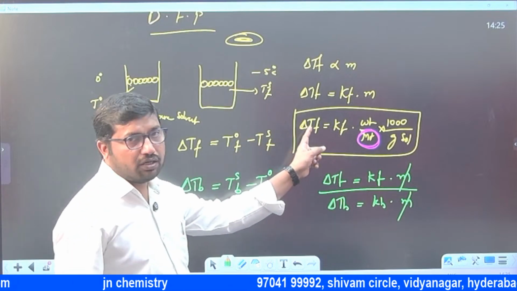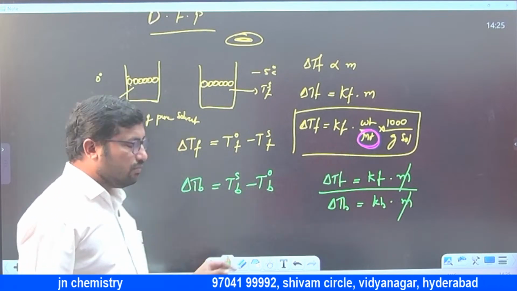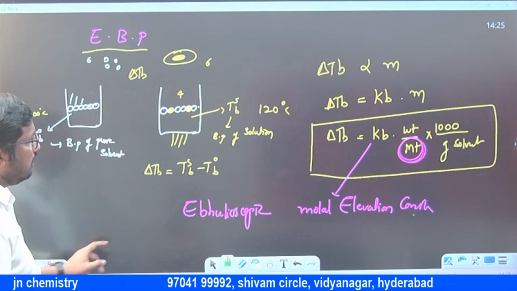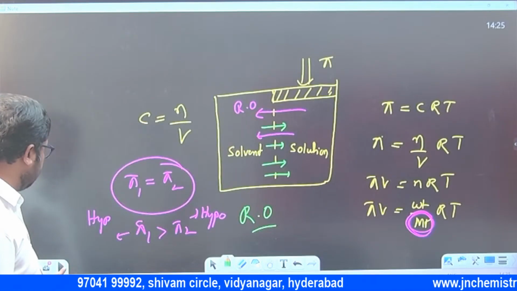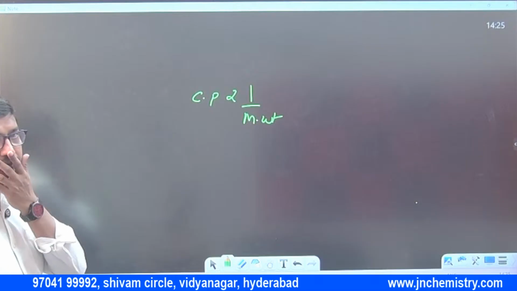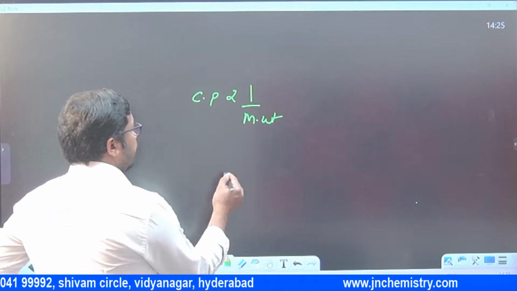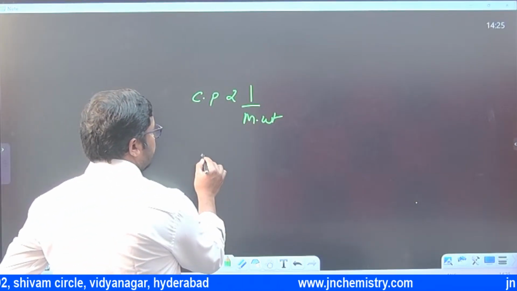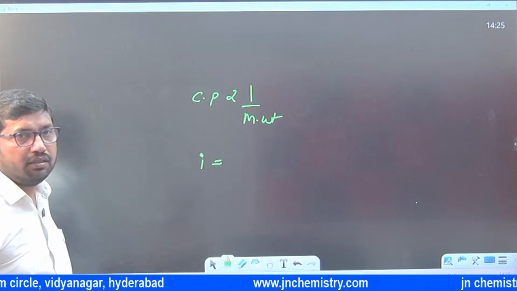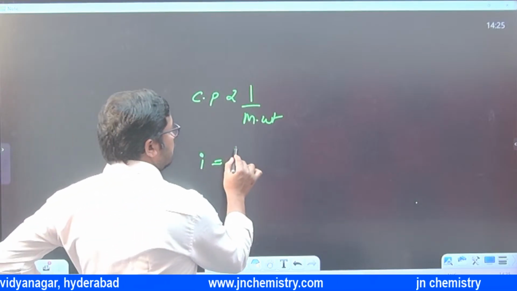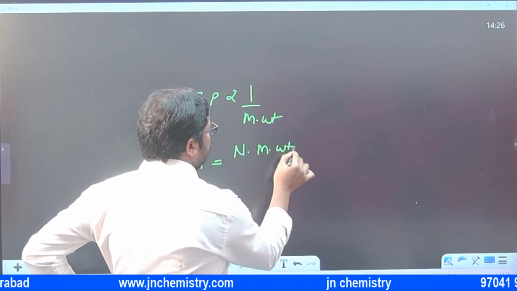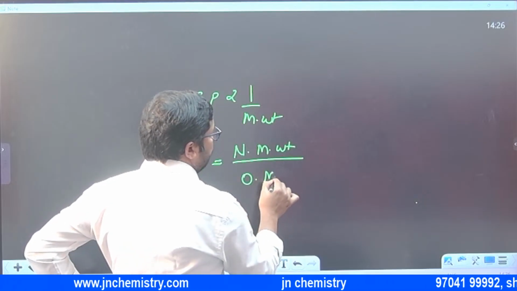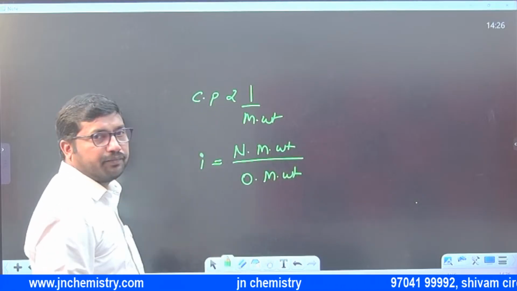ΔTf is a colligative property inversely proportional to molecular weight. In all the cases, inversely proportional to molecular weight. So for example, i is given like this: normal molar mass by observed molar mass.